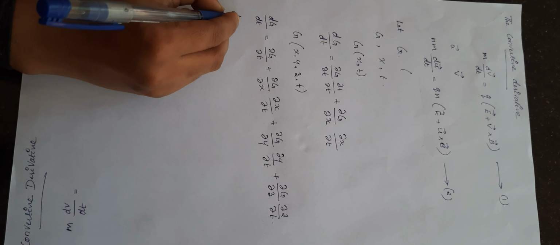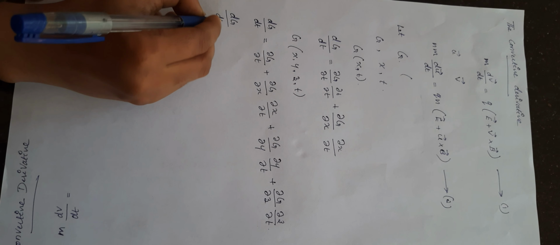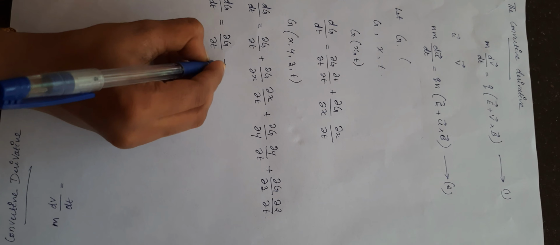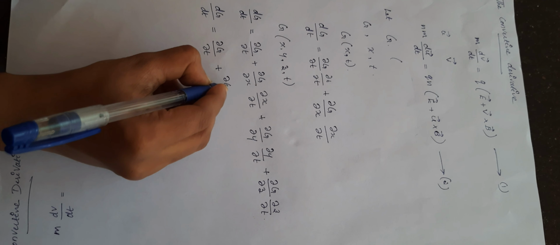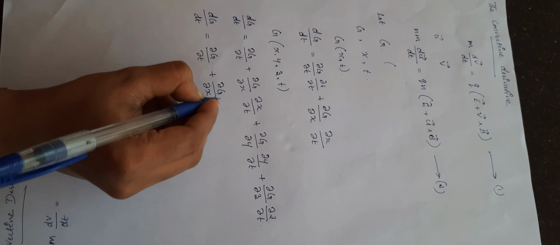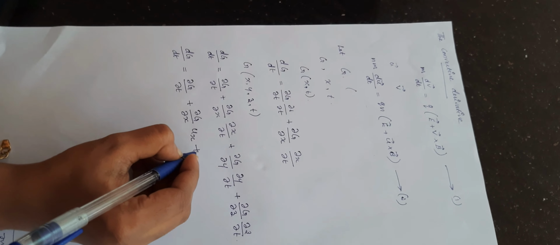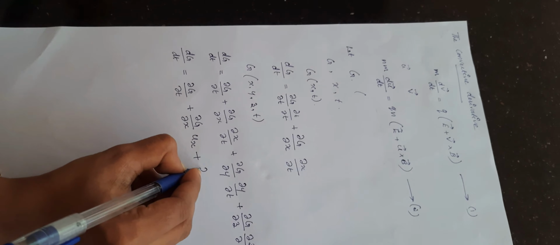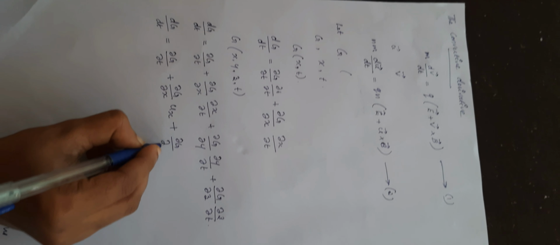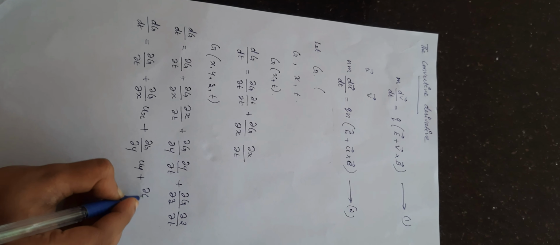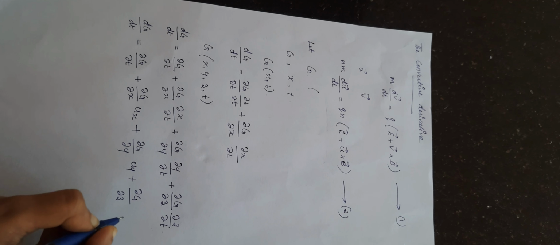Then dG by dt equal to dou G by dou t plus dou G by dou x into ux plus dou G by dou y into uy plus dou G by dou z into uz.